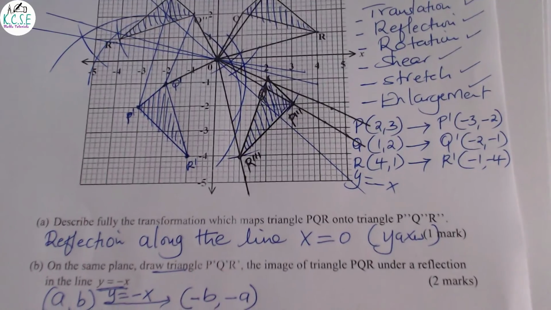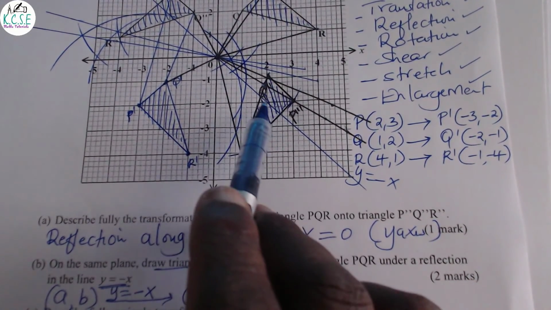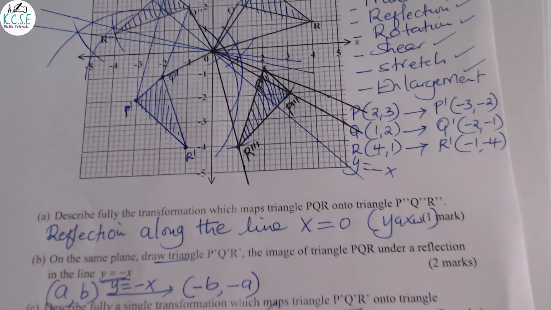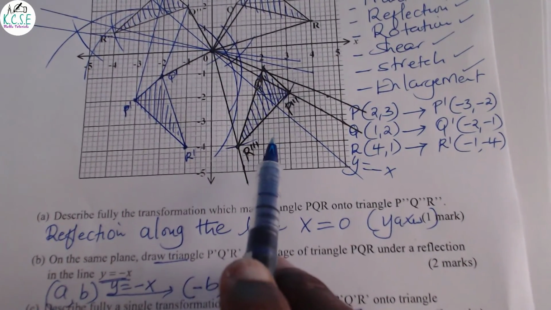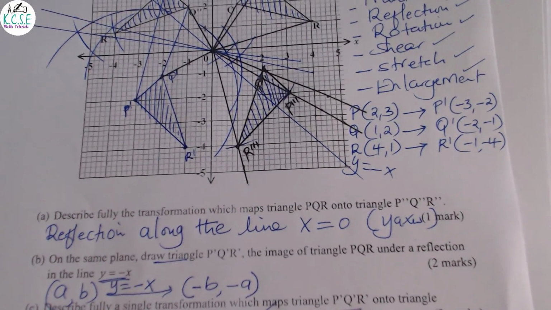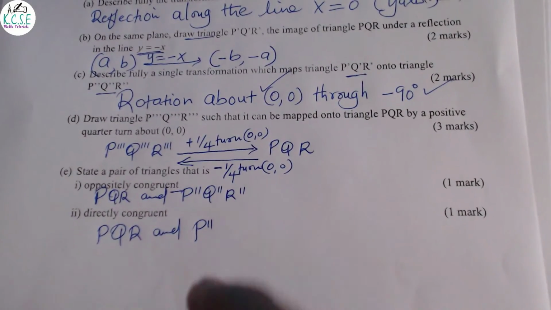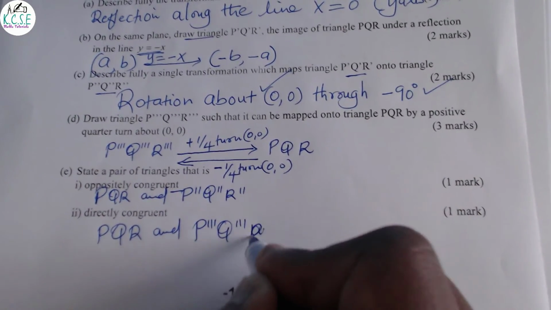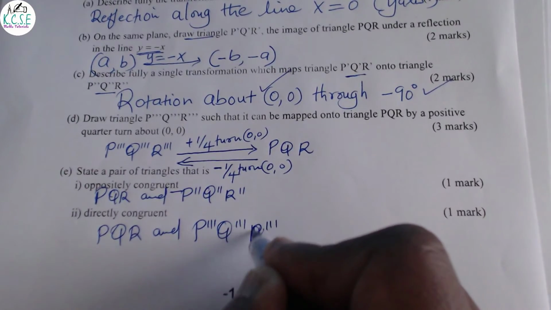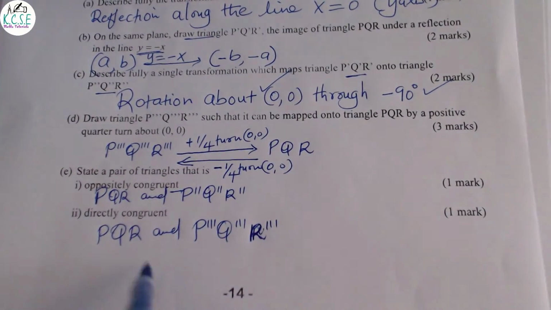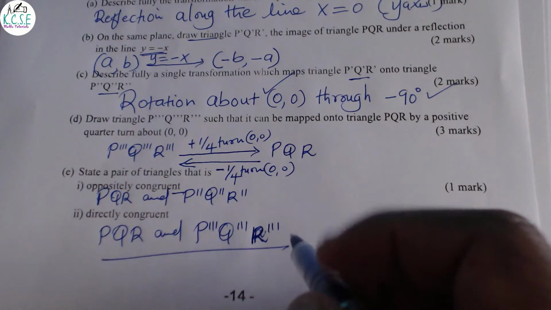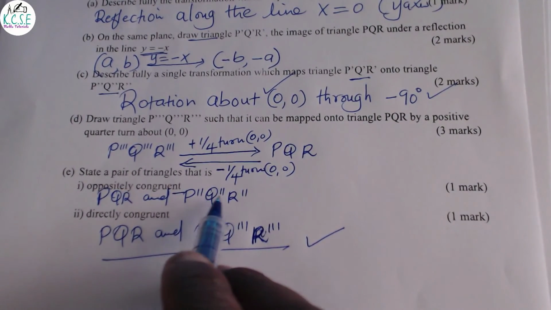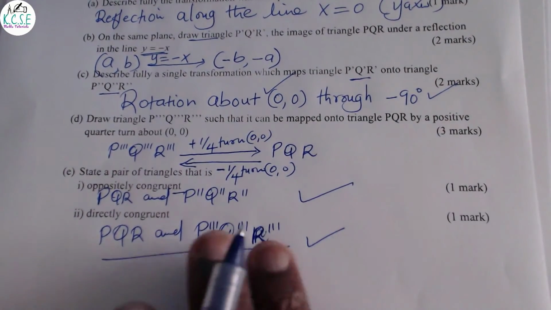So we can give the ones that are directly congruent. We have PQR and also this is P triple prime, Q triple prime, and R triple prime. So these are the ones that are directly congruent. Then PQR and P double prime, Q double prime, R double prime are oppositely congruent.